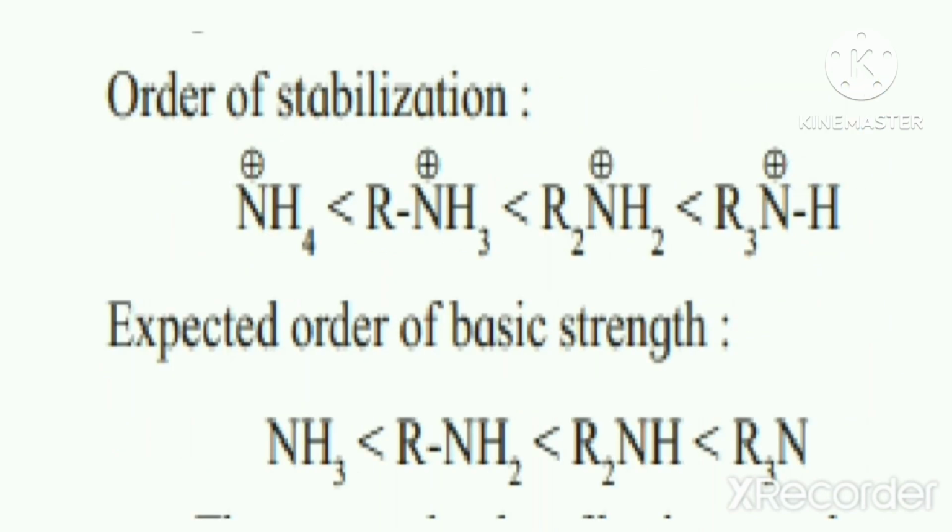This is the order of stabilization: ammonium is less than primary, then secondary, then tertiary, and the expected order is NH3 is less than primary amine, then secondary amine, then tertiary amine.